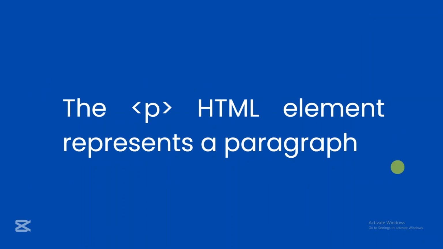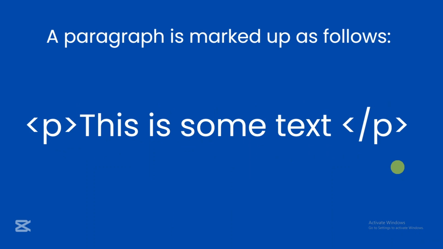How will we use a paragraph element in our HTML document so that after our title or caption we have a block of text that we can display on our web page? This is the markup for a paragraph element.